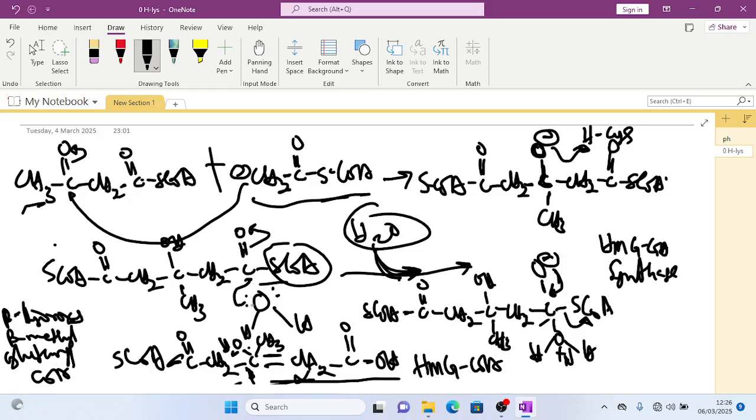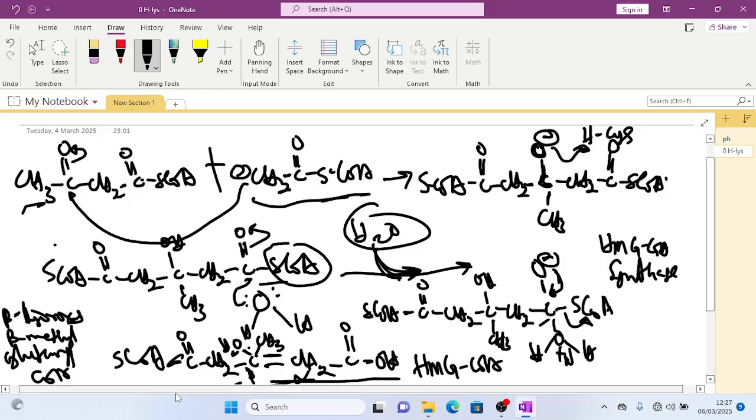So the next thing we want to look at is how HMG-CoA is transformed or used to form mevalonate.